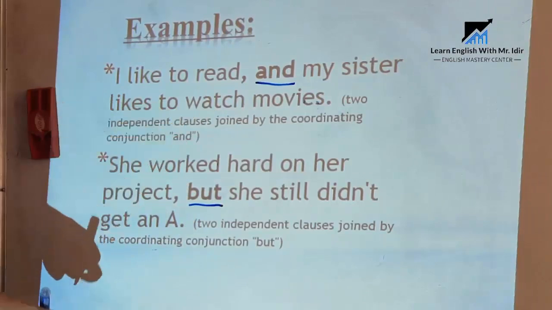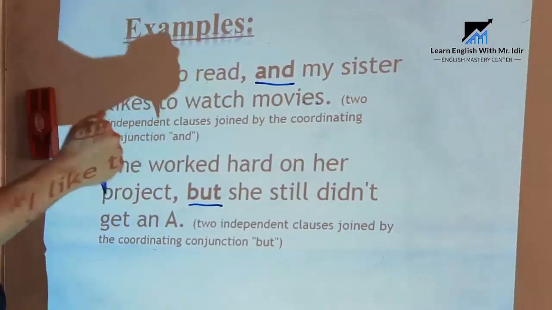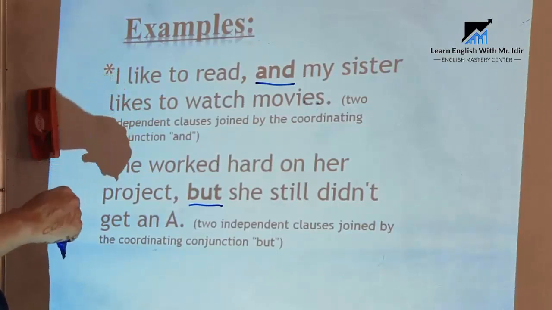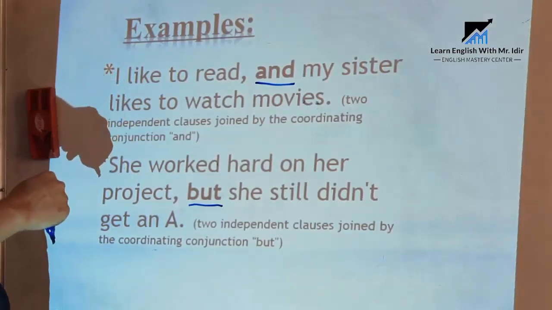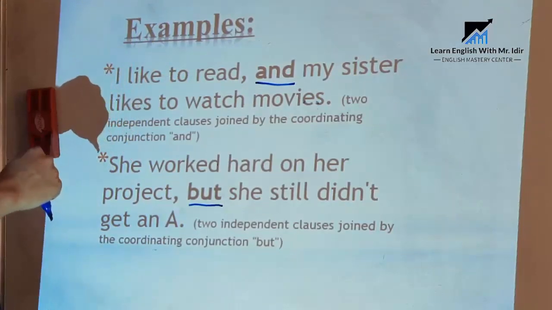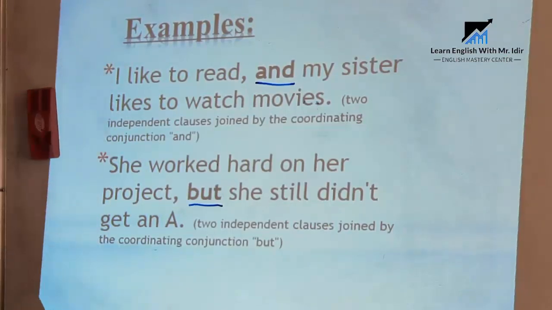She worked hard on her project is our first independent clause, and she still didn't get an A is our second independent clause, joined by the coordinating conjunction but.